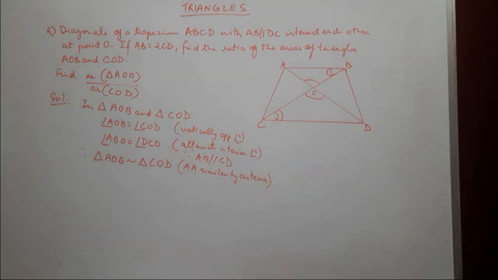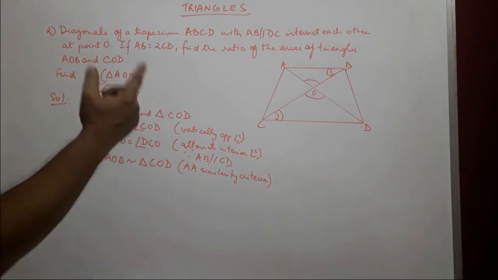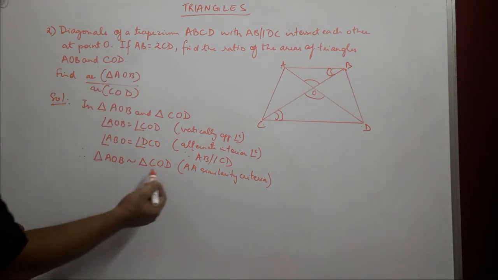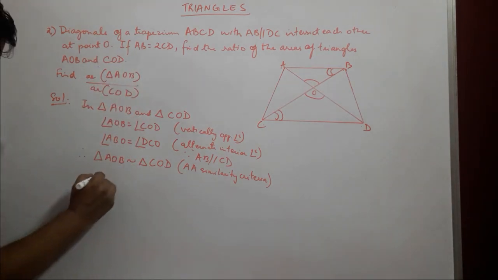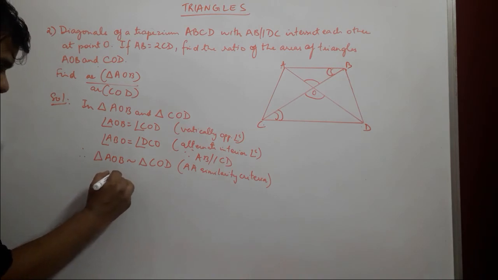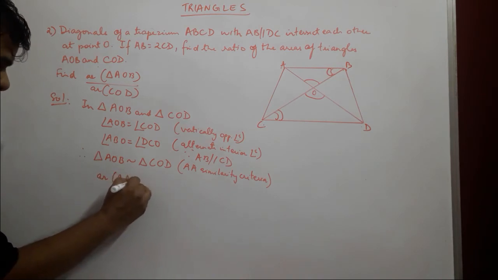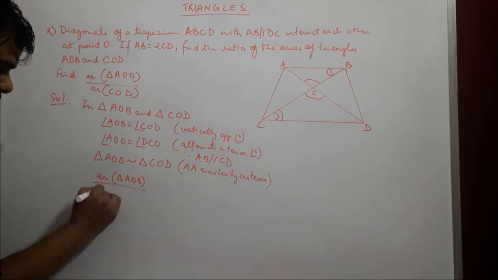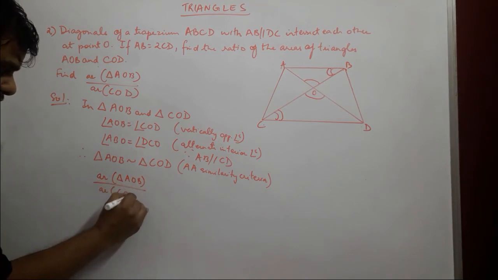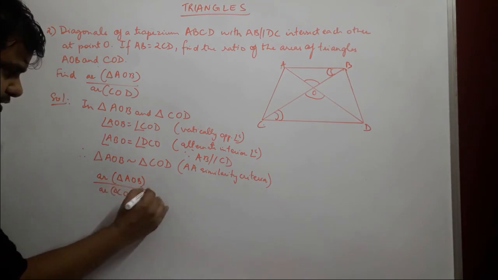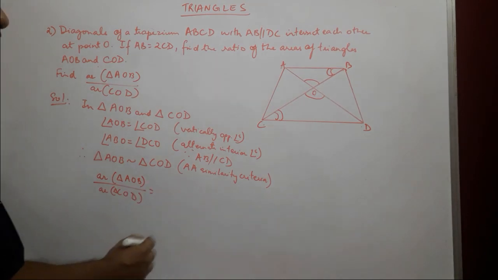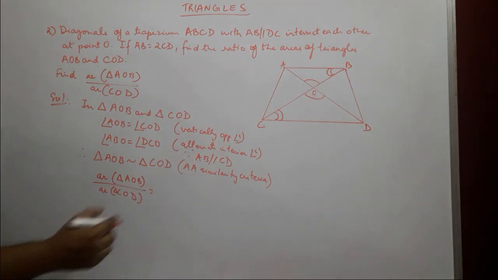Now that we have proven that these two triangles are similar to each other, we can take their ratios. So we can say area of triangle AOB upon area of triangle COD can be said equal to the square of the ratios of their sides.